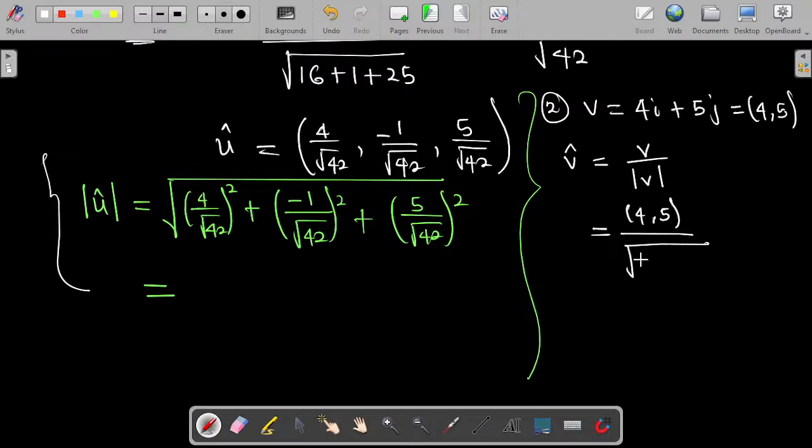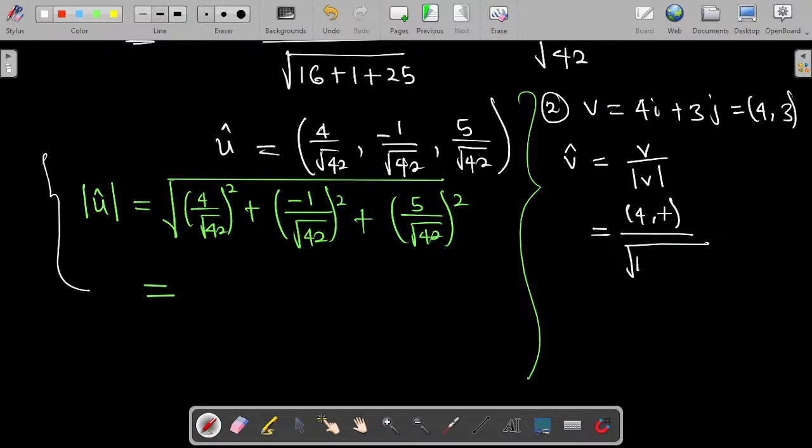That will be the square root of 4 squared, which is, this is not the example I wanted. Please permit me to change it. I wanted to get a perfect square. In fact, permit me to change it to 3j, because I wanted to get a perfect square so that it will be much easier for you to get. So in this case now, my j component will be 3.